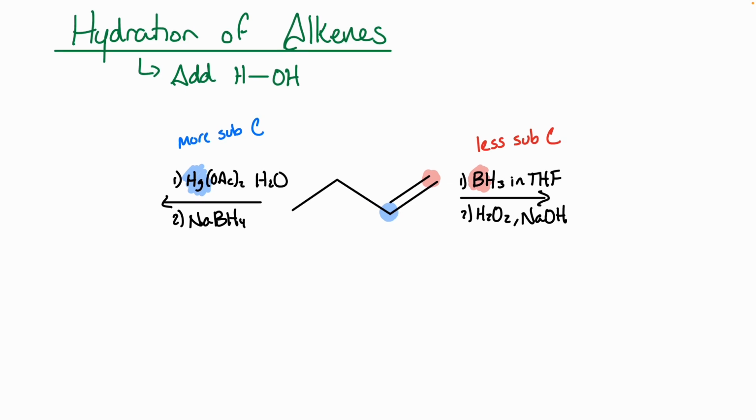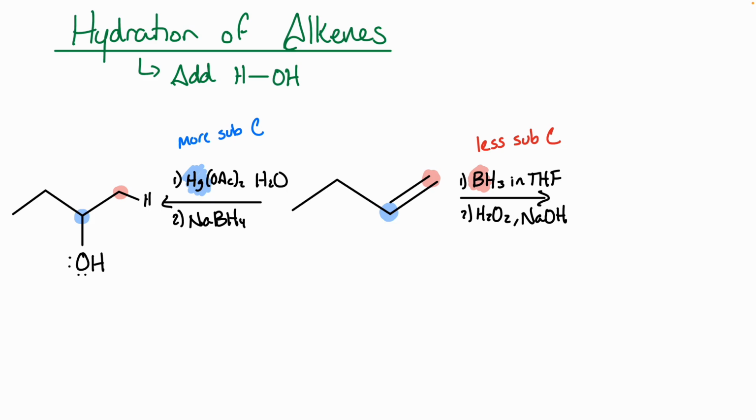So I'm going to add my water. These are hydration reactions. Again, in the first one, I'll keep my color coding the same, blue and red. When we say that this reaction prefers the more substituted carbon, it's because it's going to put the OH group on that more substituted carbon.